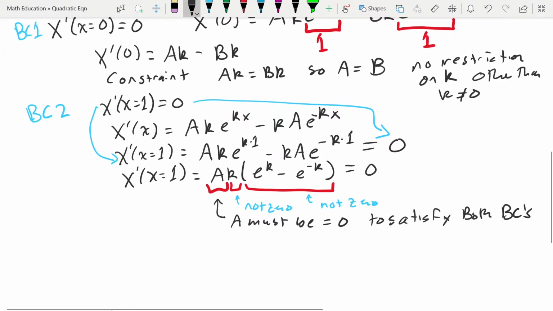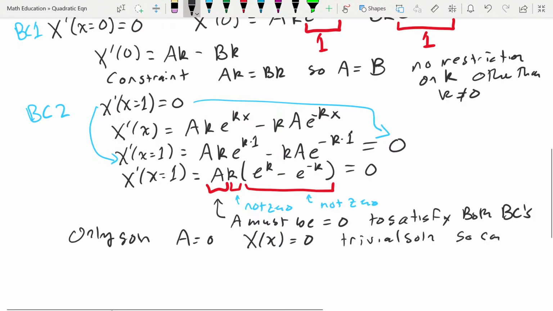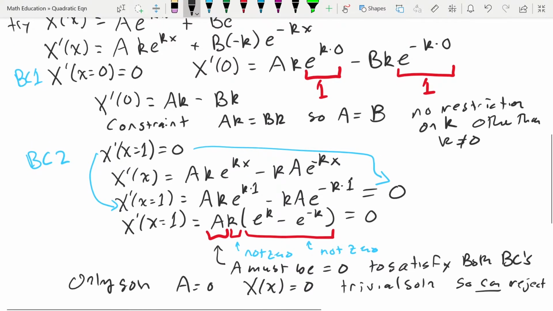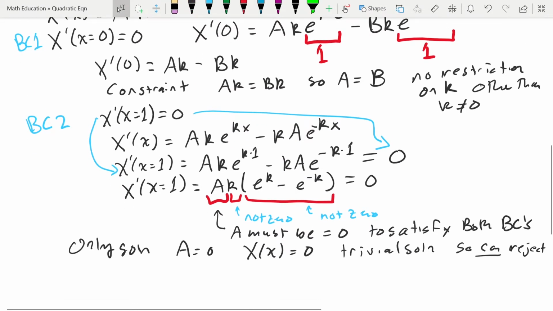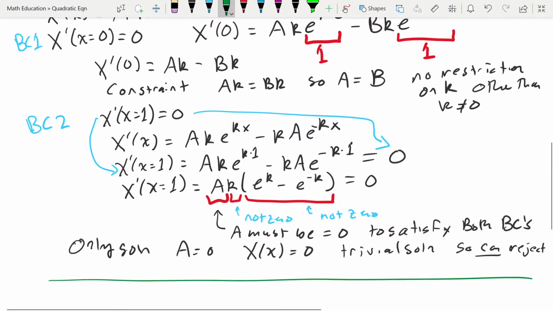So in this case, the only solution has a equal to 0, which is to say that X of x is equal to 0, which is the trivial solution, so we can reject it. And the reason we can reject this is because taking our separation of variables quantity and multiplying it by 0 just gives us 0, and we can always add 0 on as a solution. So there's nothing terribly remarkable about that. So we can reject those.